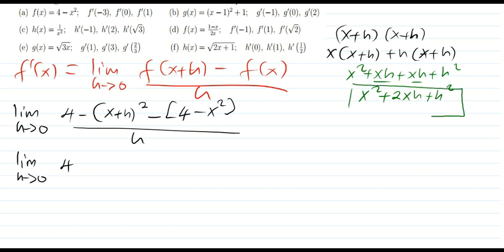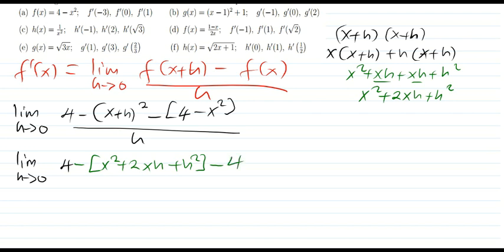But remember, outside there we have a negative, and that negative is going to affect everything there. I'm just copying. Then minus 4, plus x squared, then everything divided by h.